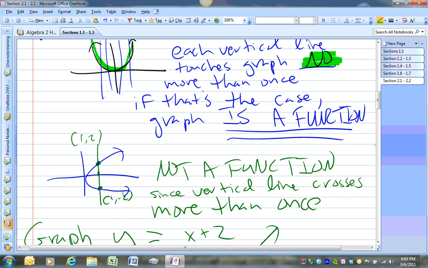If it crosses more than once, then it's not a function. Like you see here, this vertical line crosses the graph more than once. If you were to plot points like (1, 2) and (1, -2), obviously the x value 1 has more than one y value. That's not okay.